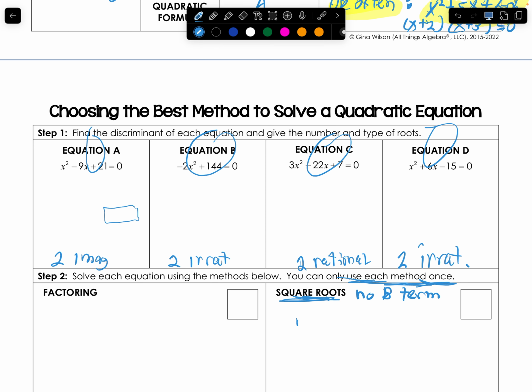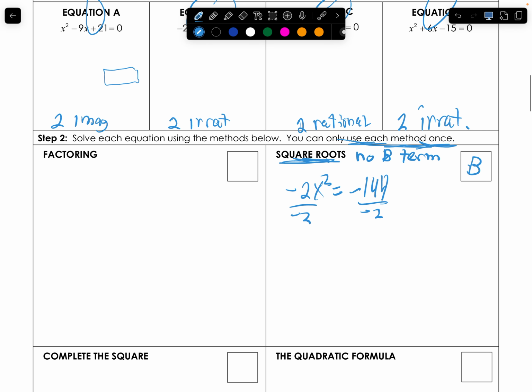So I would say equation B, because it doesn't have a B term. So I would use the square roots method. Minus 2x squared equals negative 144. Divide by negative 2, divide by negative 2. So you get x squared alone. Don't forget plus or minus, very good. Negative is a positive.